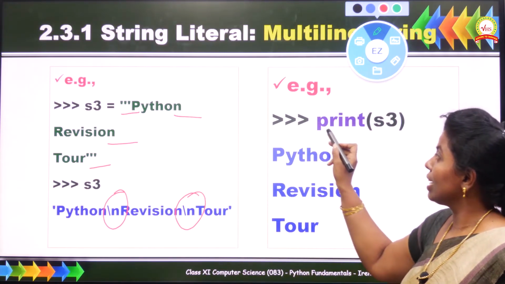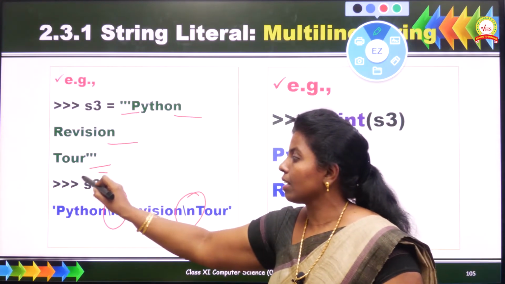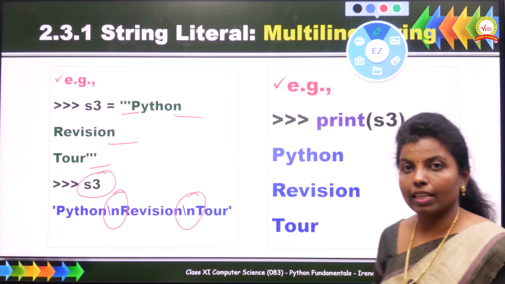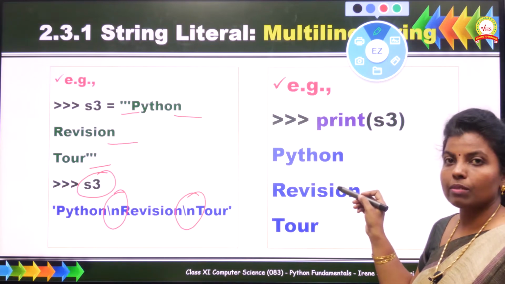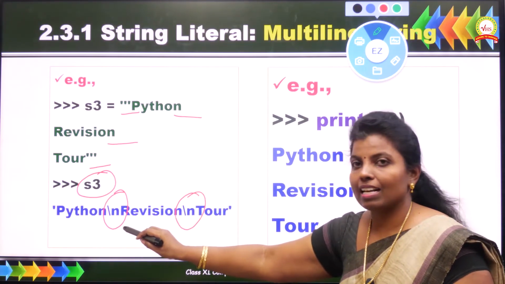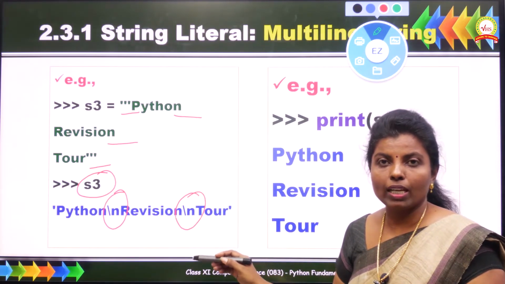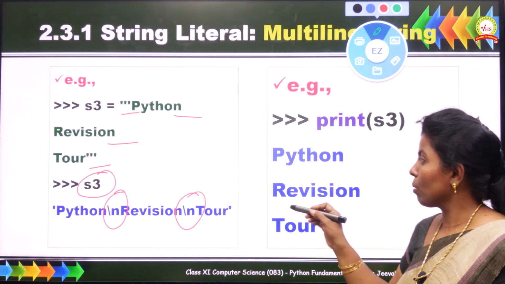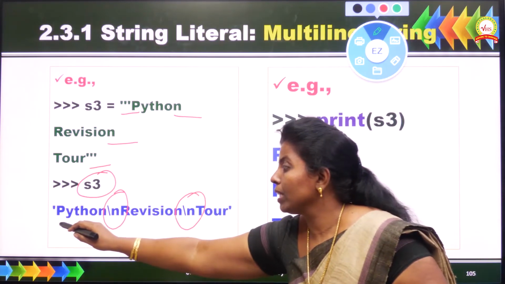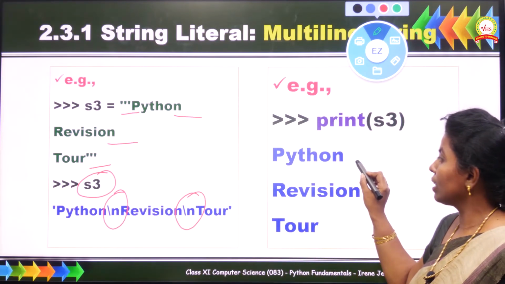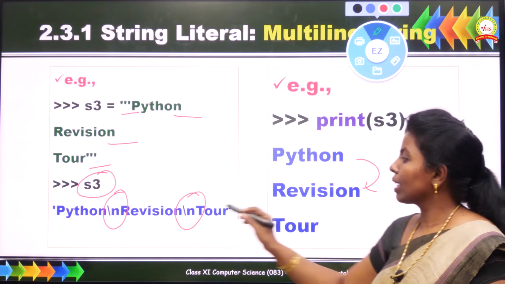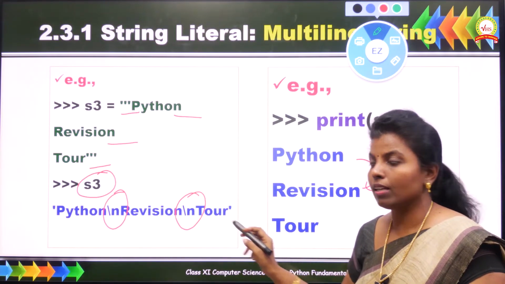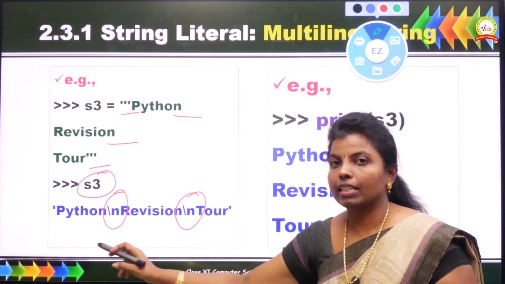Same as when I print this S3, which is a string variable, when that string has been printed, all these backslash n new line characters, the escape sequences, were interpreted by Python, and the new line character has been interpreted. So the characters following the backslash n have been printed in the next line.